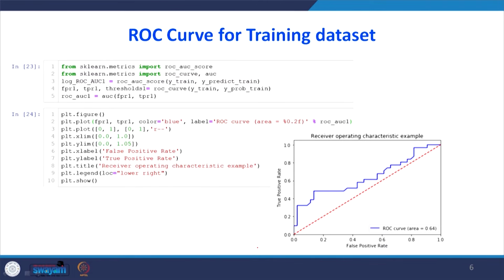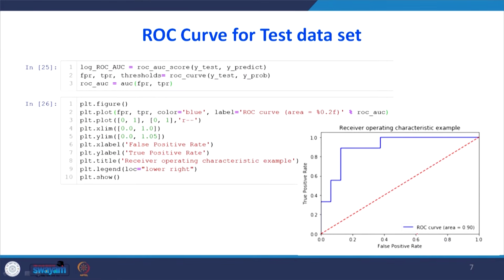So roc_auc1 equal to auc of fpr1, the false positive rate, and tpr1, the true positive rate. When you plot that, for different combinations of FPR and TPR we get the default ROC curve. The area under the curve for this model is 0.64. Now let us draw the ROC curve for the test data set.